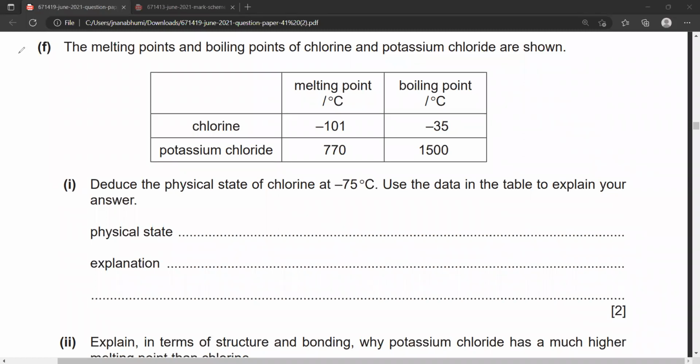Now next question is, the melting point and boiling point of chlorine and potassium are given. Chlorine melting point is minus 101 degree Celsius and boiling point is minus 35. Potassium melting point is 770 and boiling point is 1500. Deduce the physical state of chlorine at minus 75 degree Celsius. Use the table to explain your answer.